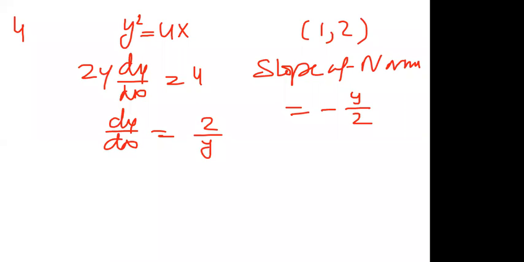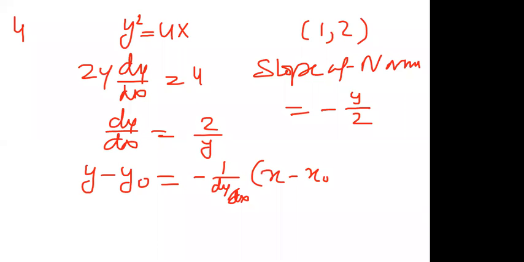So now the equation of normal is y minus y0 equals slope of normal, minus 1 upon dy on dx, times x minus x naught. This slope is also at x naught, y naught. So with this, we will be able to do the question.